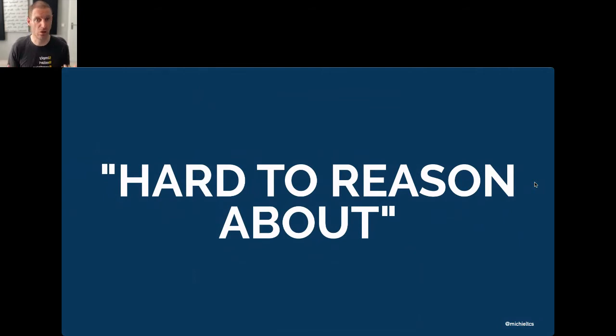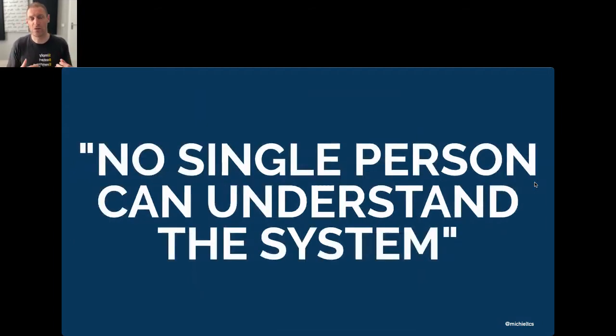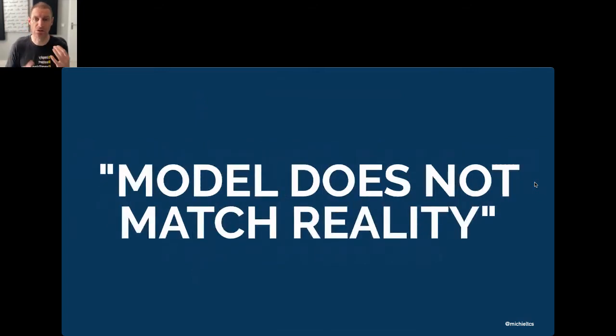The system as a whole reacts differently than you would think from just looking at the individual components. And this also leads to the fact that not a single person can fully understand the system, right? It's simply too much. And to try to understand it, we humans, as mere mortals, construct models in our head to simplify things, essentially.